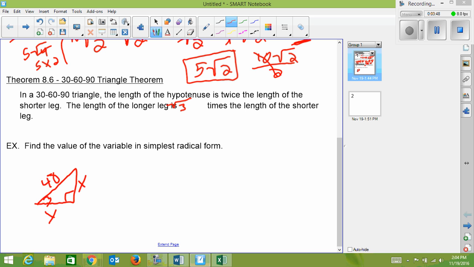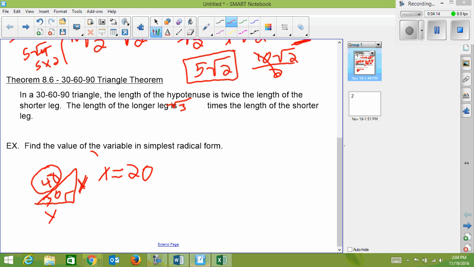This is a 30, 60, 90 triangle, and the rule says that the length of the hypotenuse is twice the length of the shorter leg. They're giving us the hypotenuse right here, and that's double the shorter leg. I realize my drawing probably looks like the legs are equal, but the one with the x by it is the shorter leg, so that would be half of the hypotenuse.